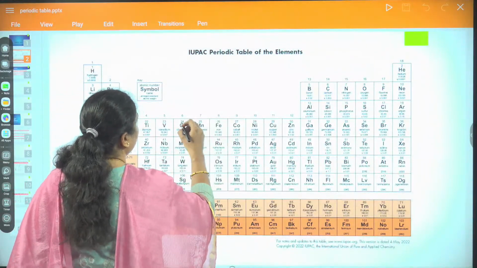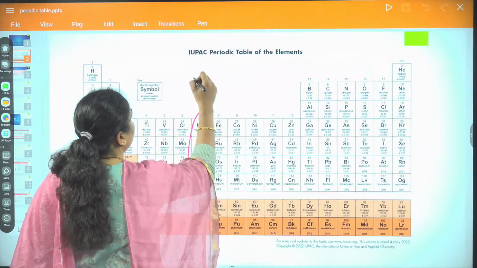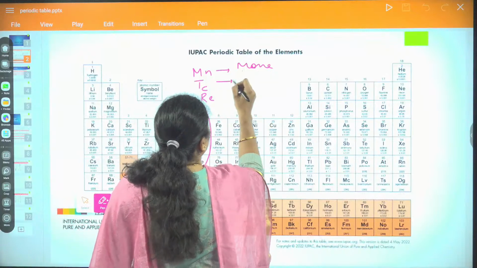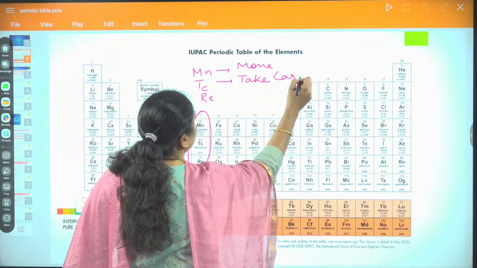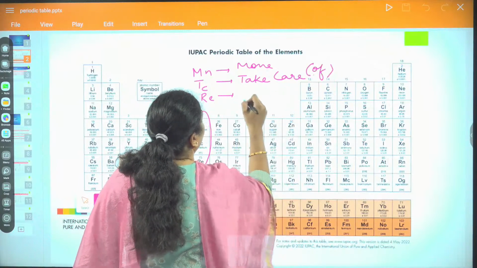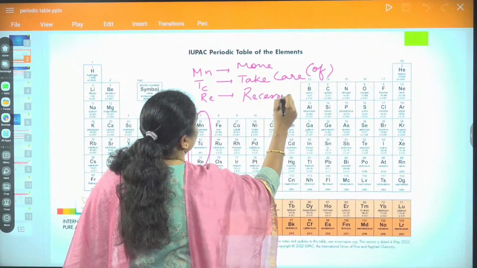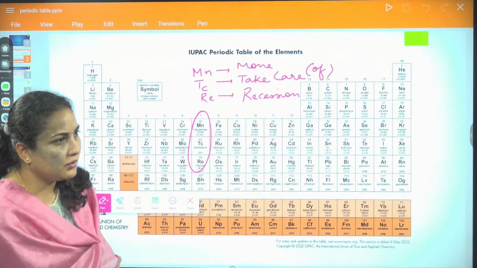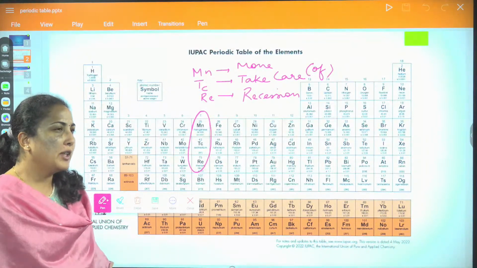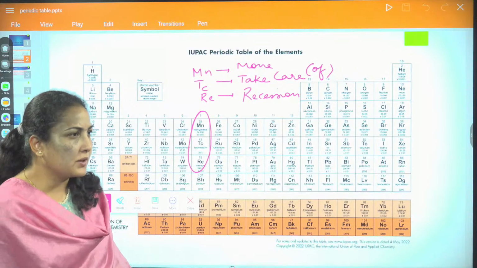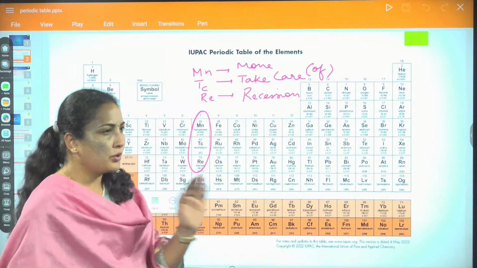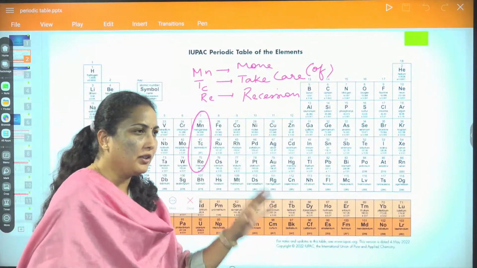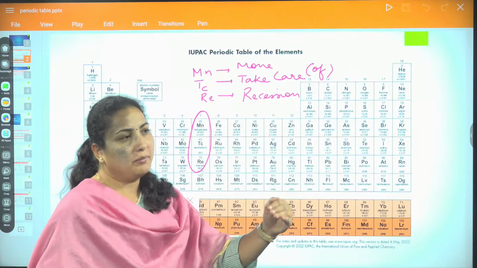Then you are having this Mn, Tc, Re: "money takes care of recession". Now, I think a few of you might not be knowing this word, recession. Basically, you can just remember, when the economy goes down and many people lose their jobs, that is not a good scenario, okay? So if people have saved some money as an emergency fund, that takes care of them and their family during that time.